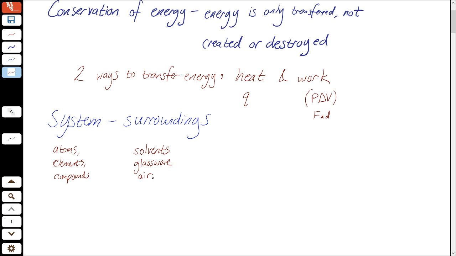All right, and here's where it can sometimes get a little bit tricky. So let's say you have an endothermic reaction. How does an endothermic reaction feel when you touch it? If it is taking energy in, how does it feel? It's cold. Yeah, so that's the tricky thing, right? The atoms, elements, and compounds, the molecules, are taking the energy in.